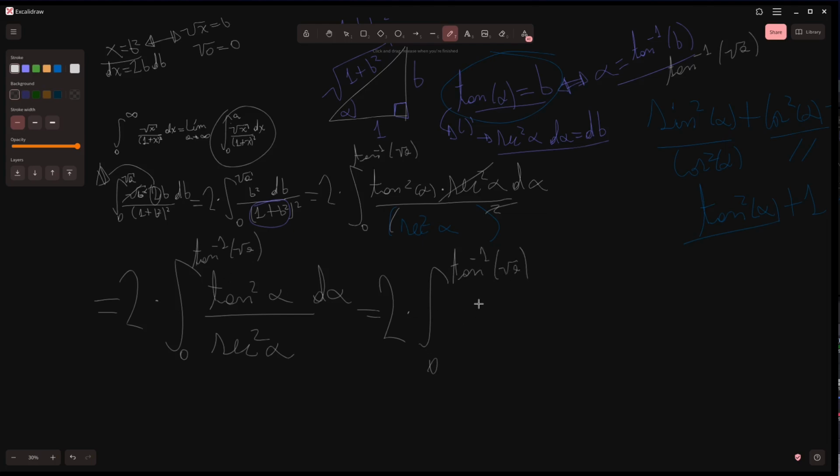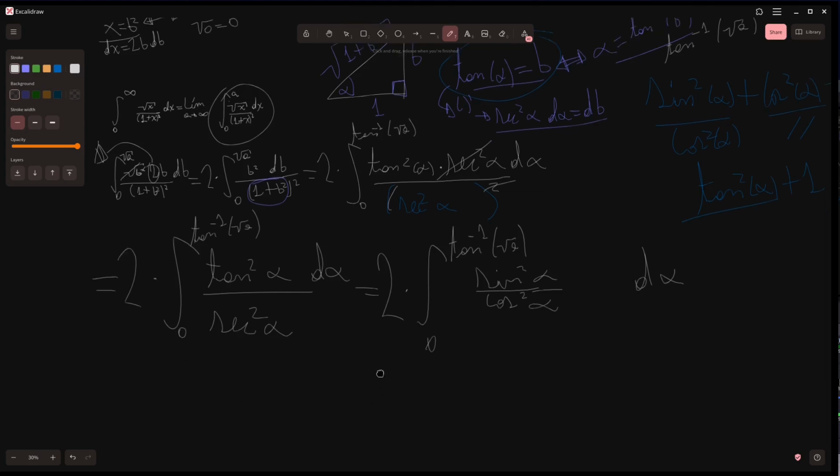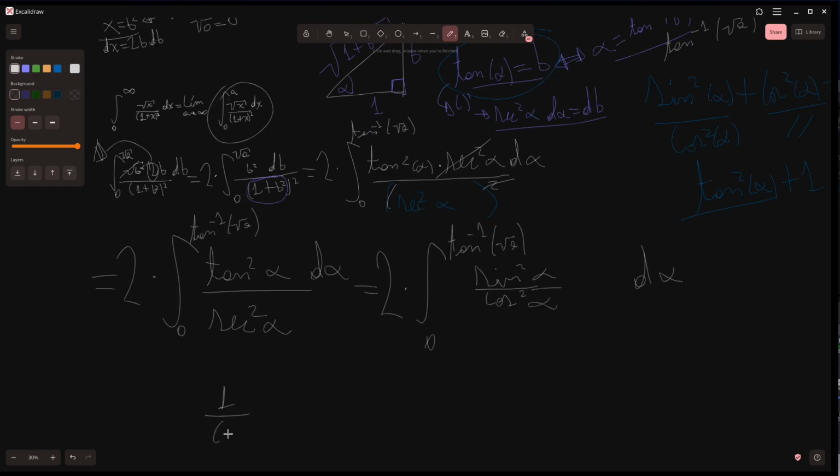So we know that the tangent is the sine over cosine of the angle. And the secant of the angle should be 1 over the cosine. So the secant square is 1 over the cosine square of the angle, and that should be moved here by multiplying by this cosine, so the cosine square of the angle, and we can just cancel this term.